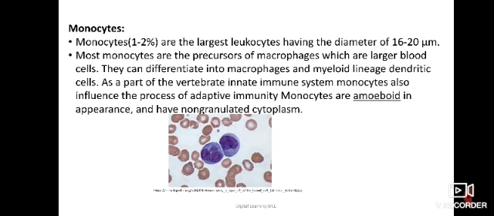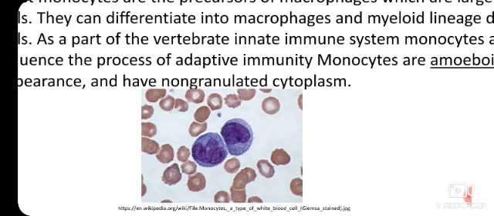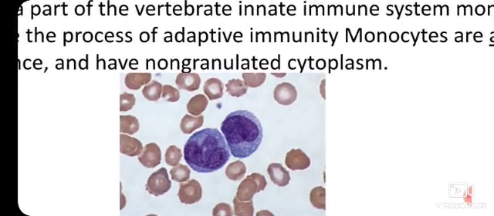Monocytes are amoeboid in appearance, as you can see, and have non-granulated cytoplasm. They have a pale staining characteristic, having a single nucleus, round and indented, that is, the nucleus is kidney shaped most of the time, eccentric in position, that is, present on one side of the cell.